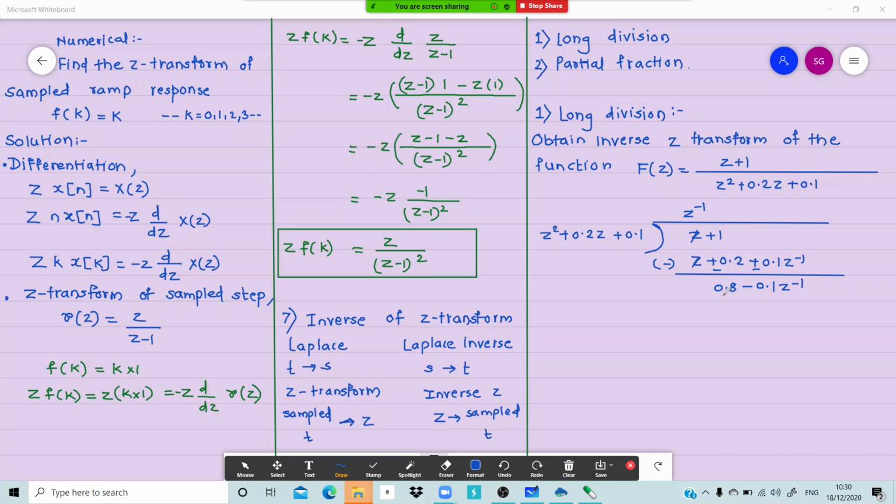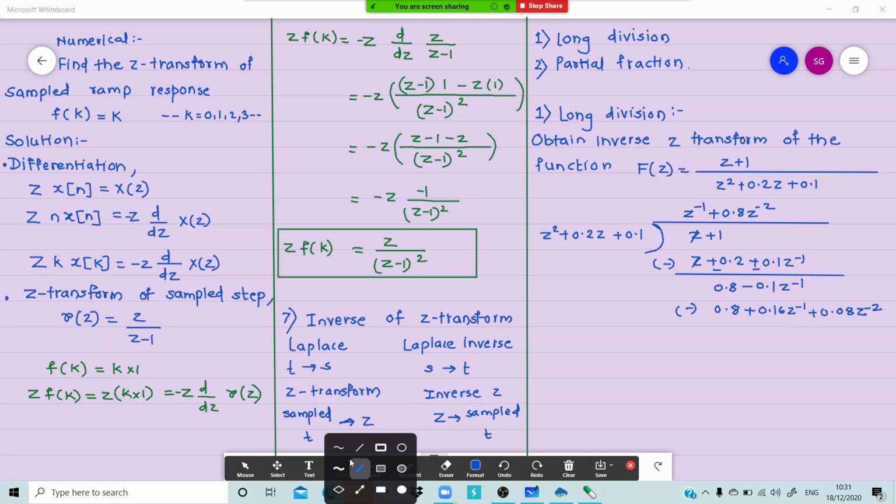Now again you are having 0.8 and z square, so you will multiply it by 0.8 z raised to minus 2. So when you do multiplication of these, you will have 0.8, right? One z is there, so plus 0.16 z raised to minus 1 and plus 0.08 z raised to minus 2. Correct.